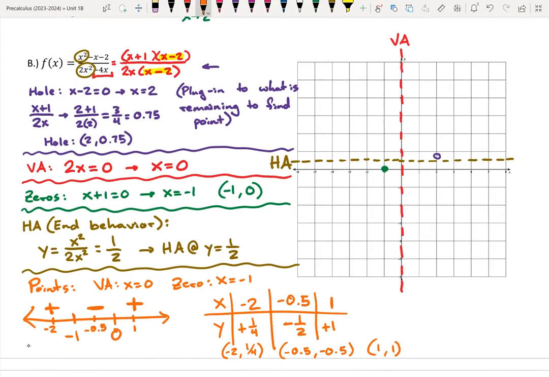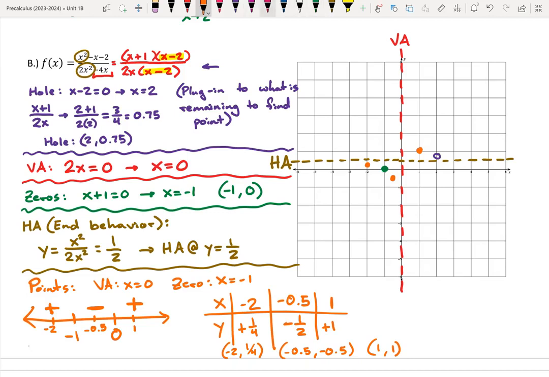So (-2, 1/4) puts me about right here. Still below my horizontal asymptote. Negative 1/2, negative 1/2 would put me in the middle of this square. Right there, and hopefully we can see that curve forming. And then (1, 1) would put me right here.